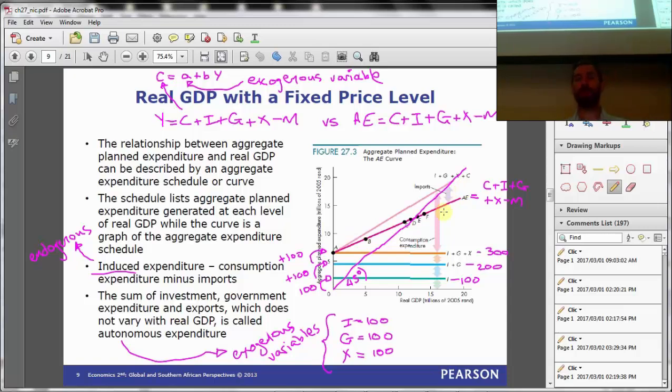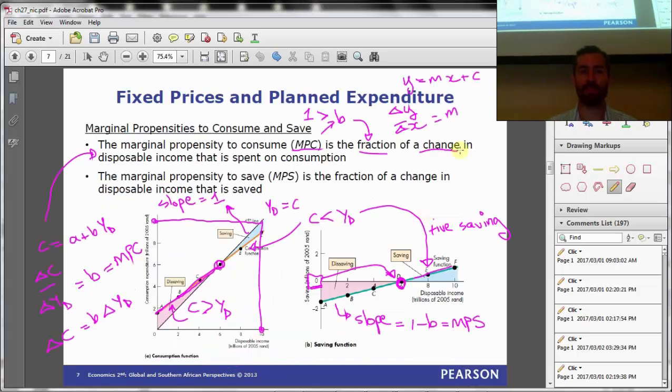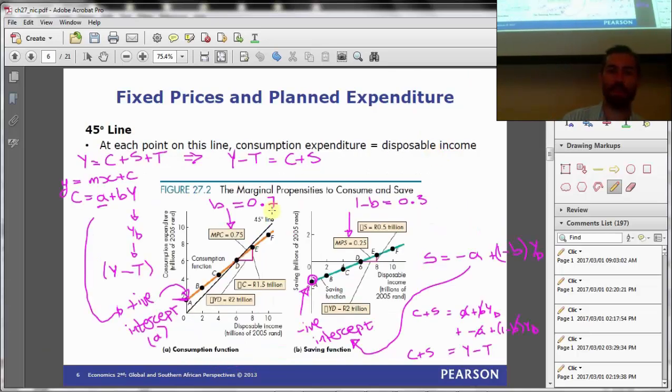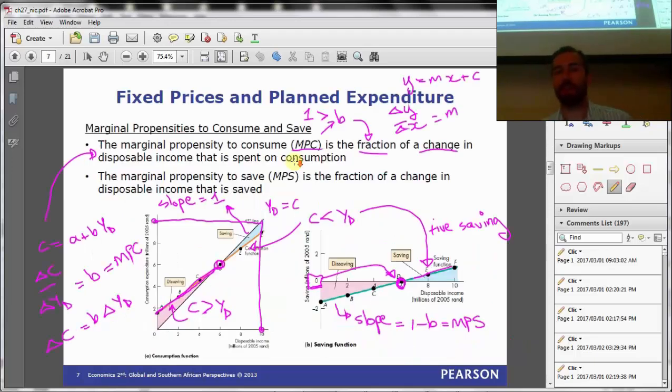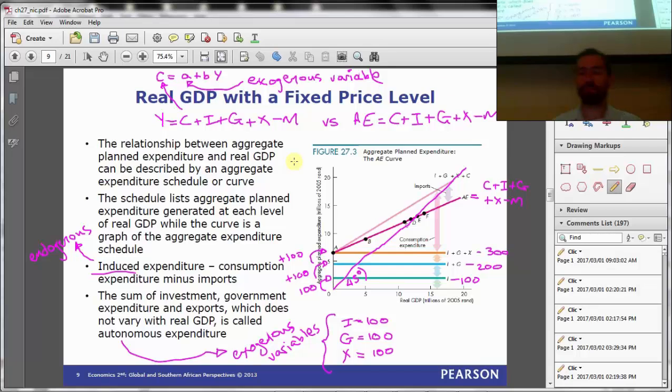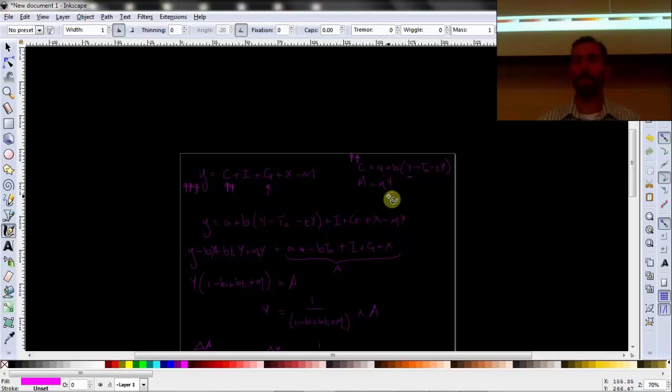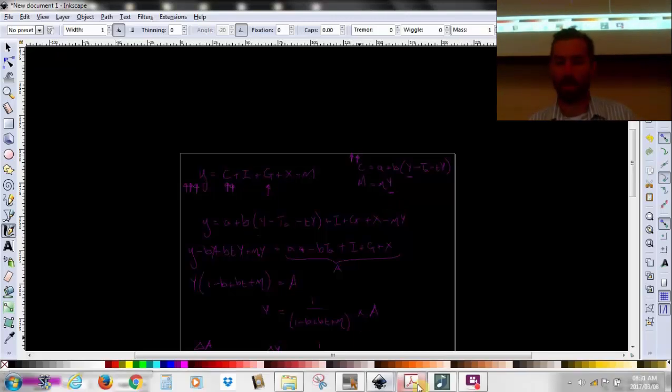And that slope is determined by the slope of our consumption function. If there are any other induced components of aggregate expenditure, then the slope of the aggregate expenditure function will also be dependent on those other induced variables. In other words, in fact, let's look at this.